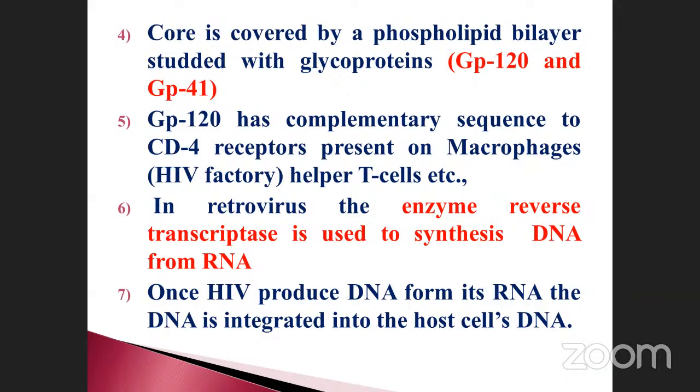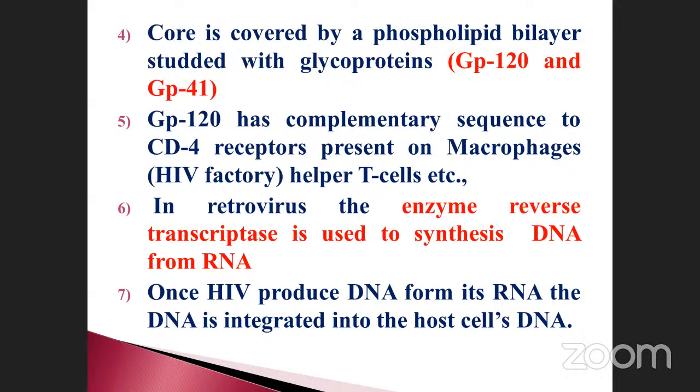For gp120 they may give 210, or for gp41 they may give 14, and you may get confused. So you have to be clear in this area. The glycoproteins are gp120 and gp41, and they may ask a diagrammatical question first, so be clear.